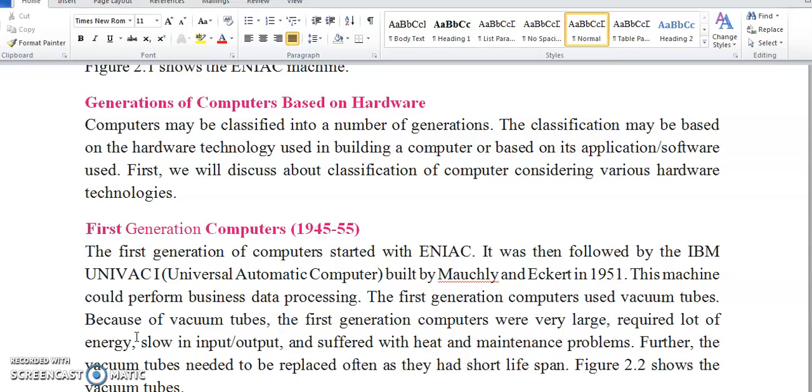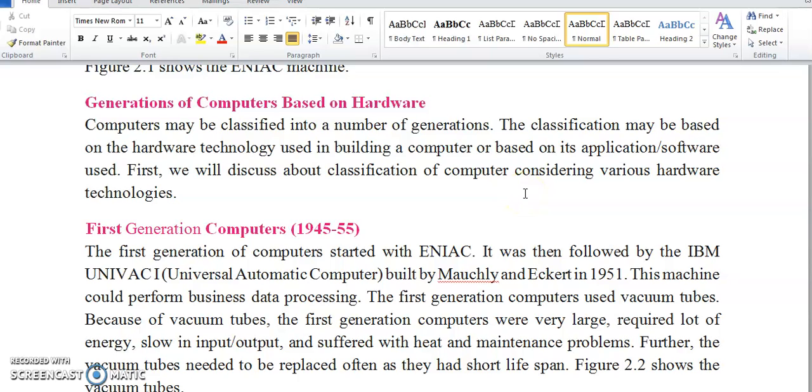Same way, there are generations of computers based on hardware. Computers may be classified into a number of generations. The classification may be based on the hardware technology used in building the computer or based on the application software used.